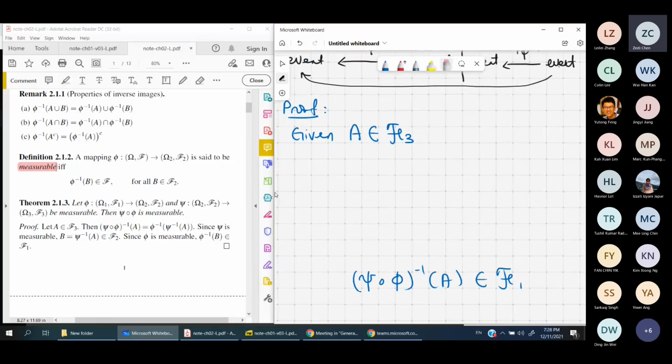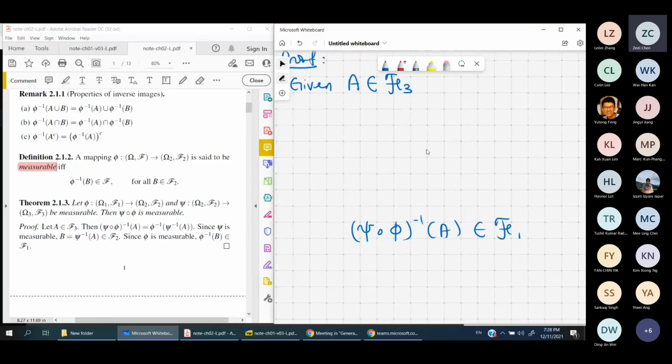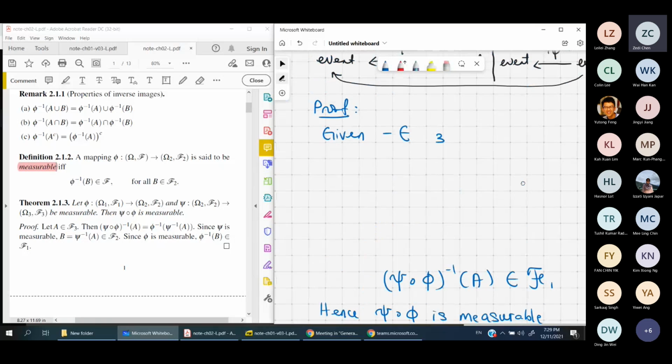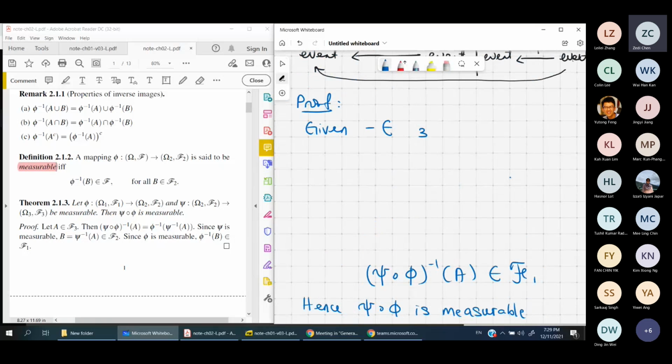If you are able to go from this step to this step, then by the definitions, you can claim that, hence, this is by the definition of a measurable function. Correct?